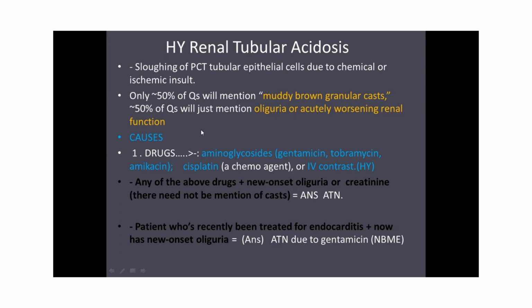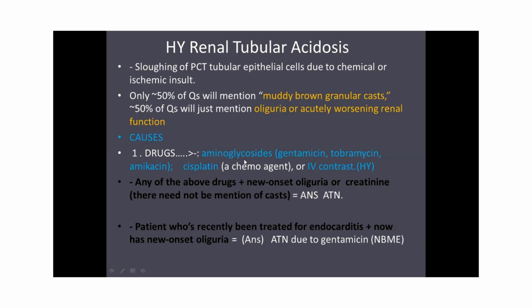Now, there are three main causes of acute tubular necrosis. First of all are the drugs, aminoglycosides. There are certain drugs that are associated with certain specific pathology, so you have to remember these drugs on your fingertips.